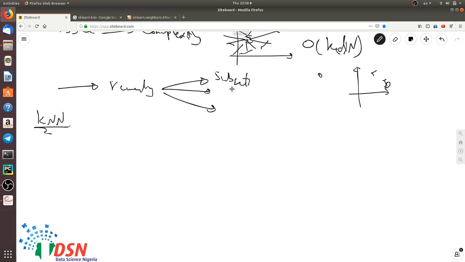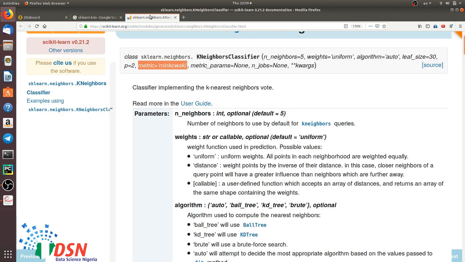In here we talked about Euclidean space, and we use the Euclidean distance as a distance metric, but actually we could use other metrics to calculate the nearest neighbors, and we could have different metrics. One of the most famous metrics is the Minkowski metric.